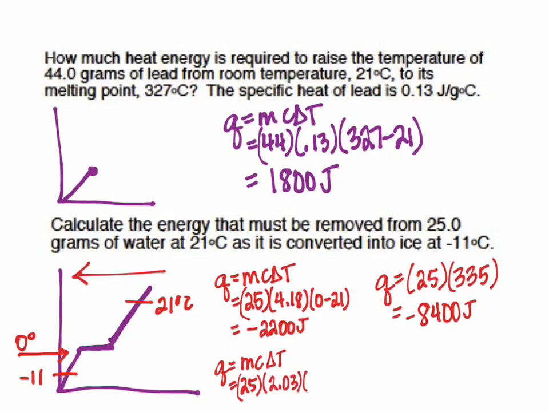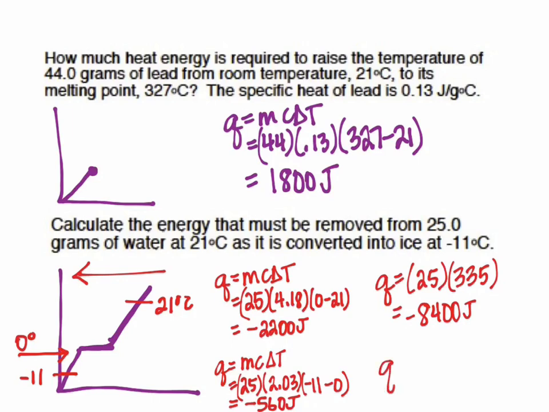And our delta T is going from negative 11 to 0. Whoa, final minus initial. And what do you guys get for that? Negative 560.